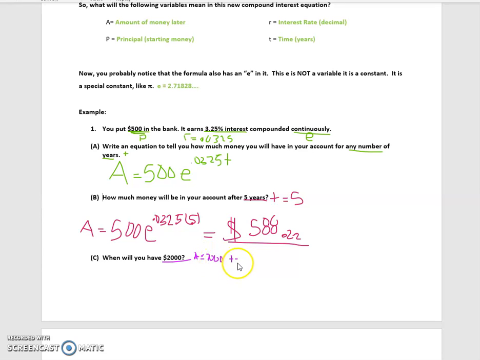It wants to know when, so we don't know what our time is. That's what we're looking for. Okay, so we're going to say 2,000 equals 500 e to the 0.0325t.